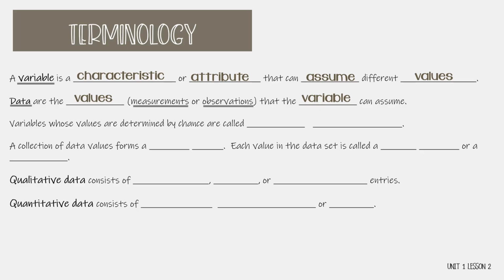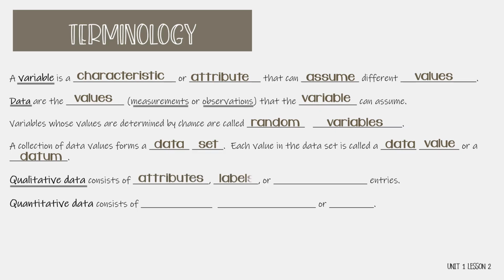Variables whose values are determined by chance are called random variables. A collection of data values forms a data set. Each value in the data set is called a data value or a datum. I usually don't use datum. I usually prefer data value.